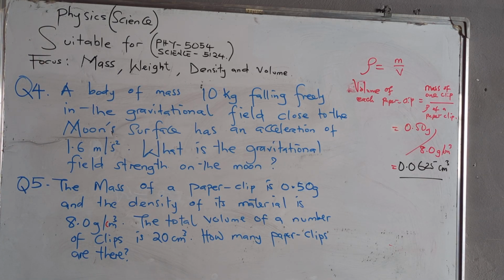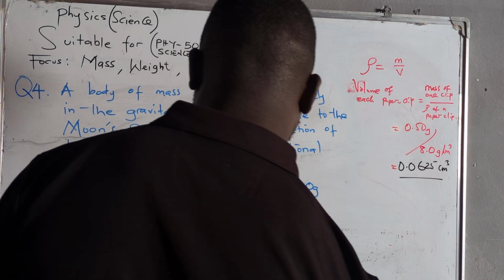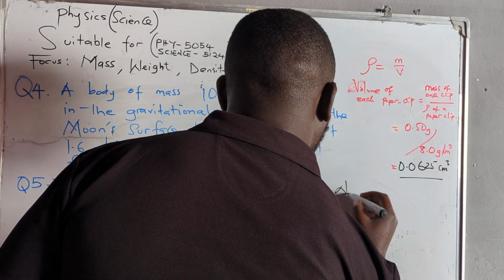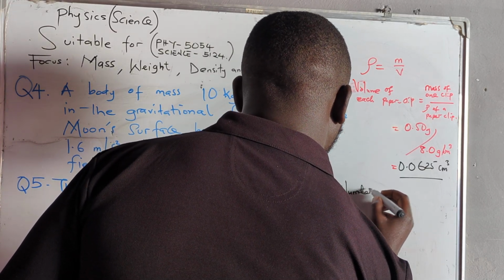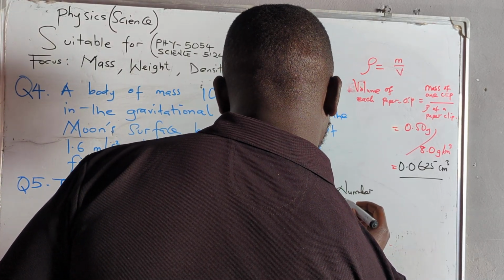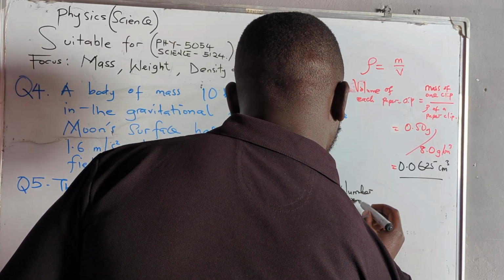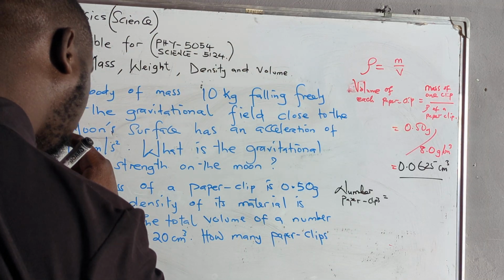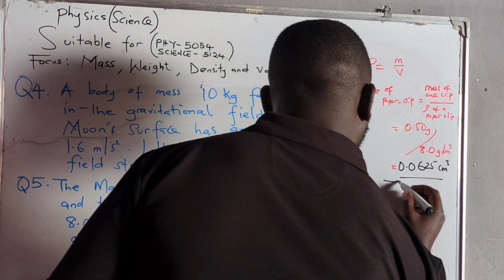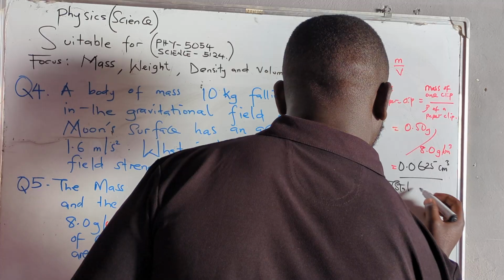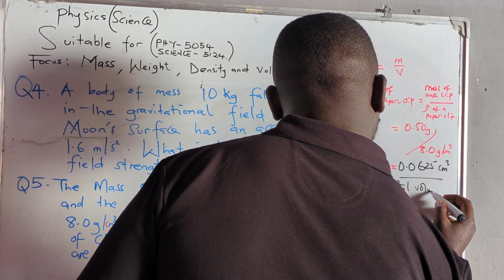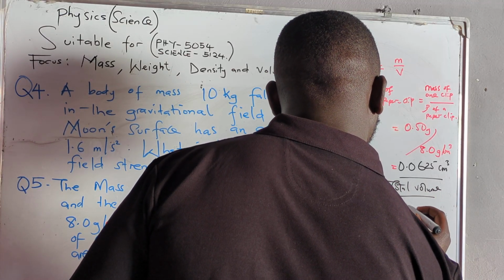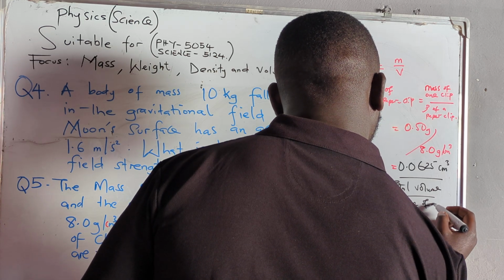Right, now trying to find the number of clips. So we now say number of paper clips is equal to total volume over volume of each clip.